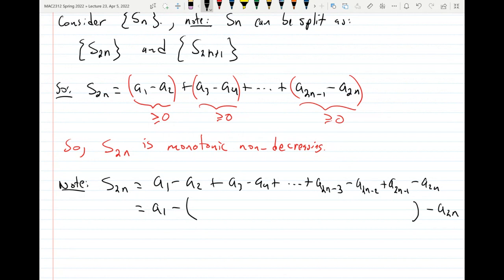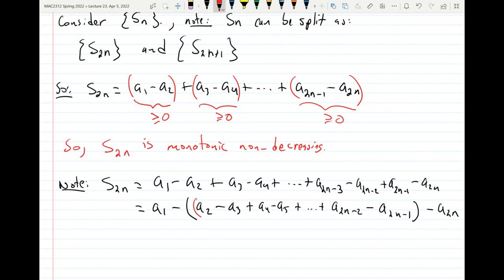Instead of minus, plus, it will be plus, minus. Yes? So this A2 minus A3 plus A4 minus A5 plus all the way up to the last two, that would be A2n minus 2 minus A2n minus 1. So this last pair, the sign changes.